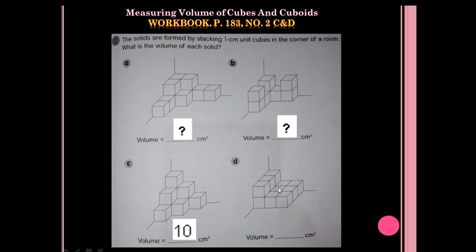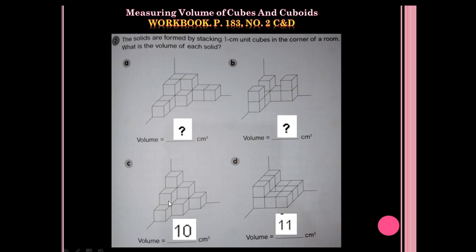And then we can see this line. What does it mean? It means that there is no cube in here. It is a gap, so it is empty. And then we add more from here, 1. So 10 plus 1 equals, yes, 11 centimeter cubic.